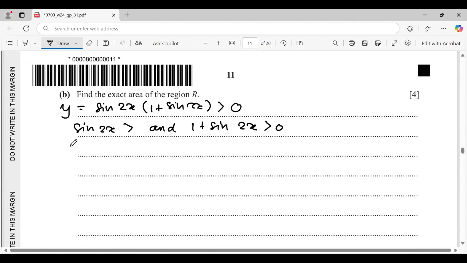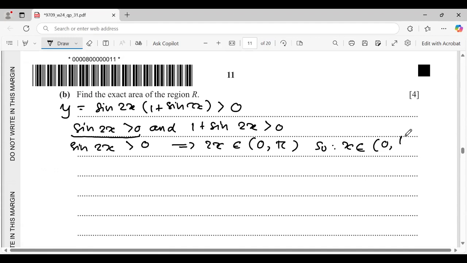We just consider this one, sin 2x greater than 0. Since 2x greater than 0, it means 2x is an element of (0, pi). So x is an element of (0, pi half), because pi divided by 2.